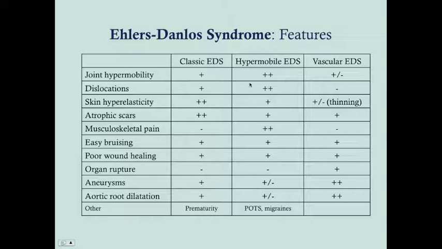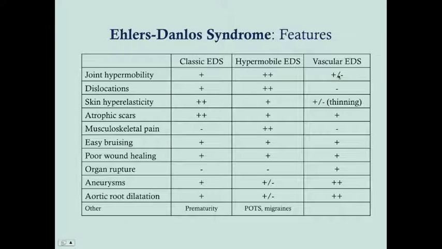Then in the hypermobile EDS, you're really going to see hypermobility and dislocations, but you're also going to see musculoskeletal pain that's highly associated with EDS. For the most part, hypermobile EDS is where you'll see more joint hypermobility than the classic EDS, but you also see musculoskeletal pain as well.